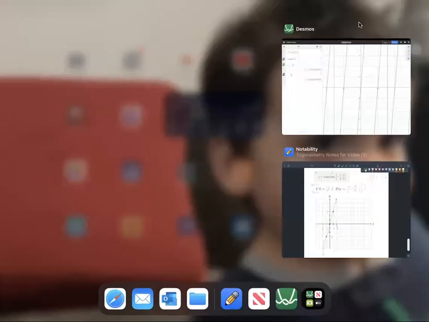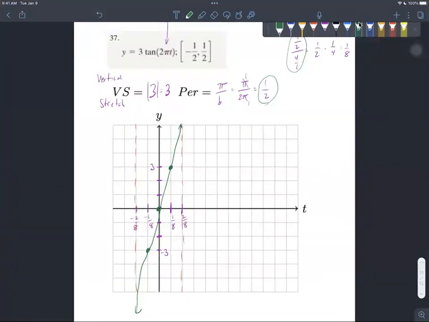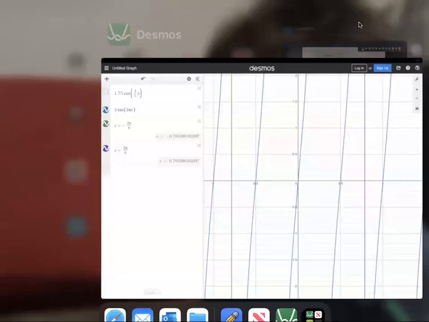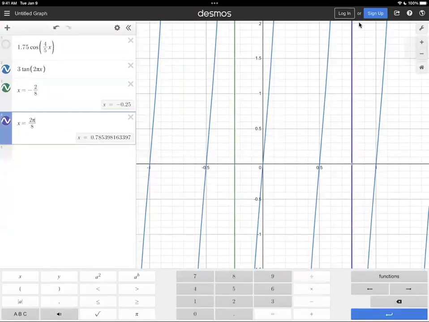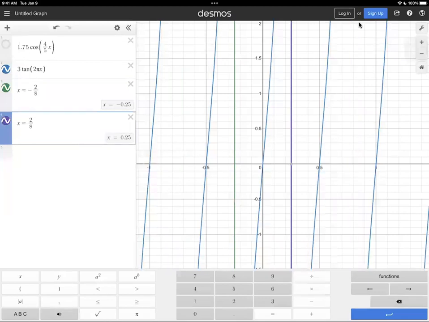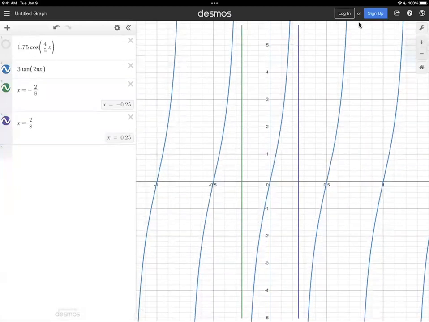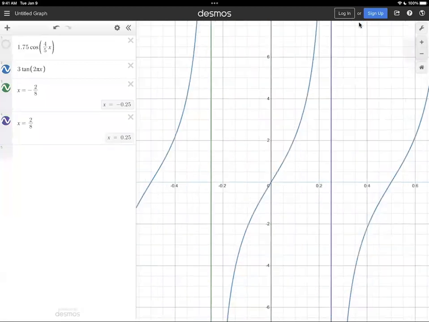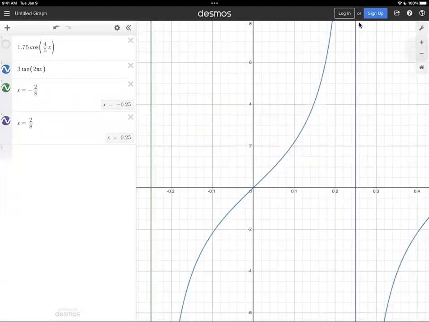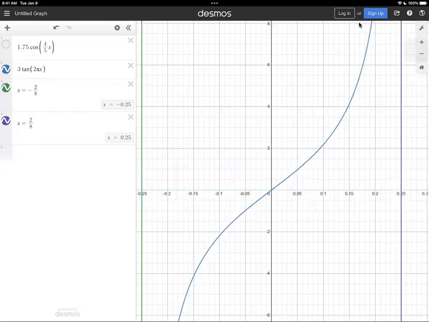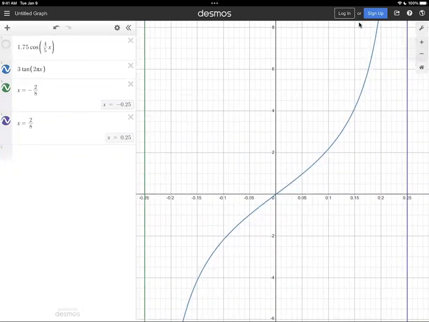Is that what we did there? Let me double check. Oh, not 2 pi over 8, but negative 2 over 8 and positive 2 over 8. Let me take off that pi there. There we go. And that looks like one period. There's our vertical asymptotes in green and purple. And this is what we graphed.